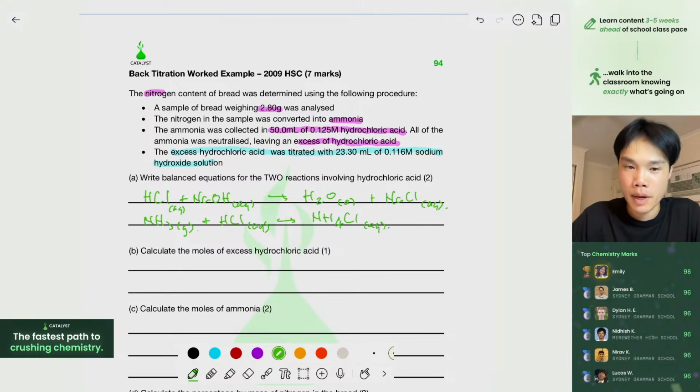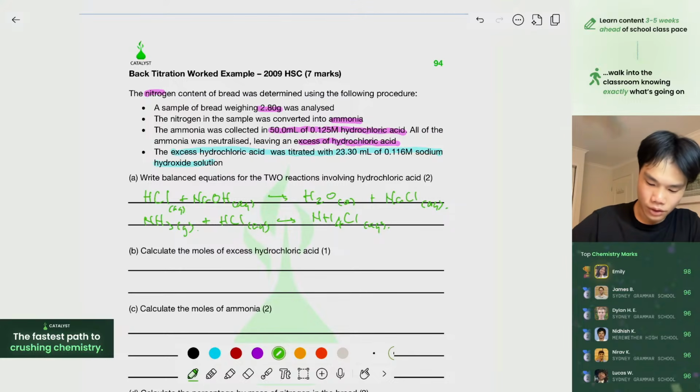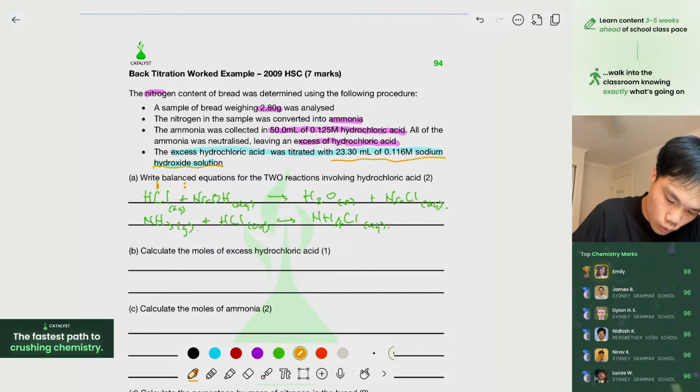The start of any back titration starts from the very end. So to find the excess hydrochloric acid, you need to find how much sodium hydroxide was needed to neutralize it, since they neutralize in a 1:1 ratio. Have a go.